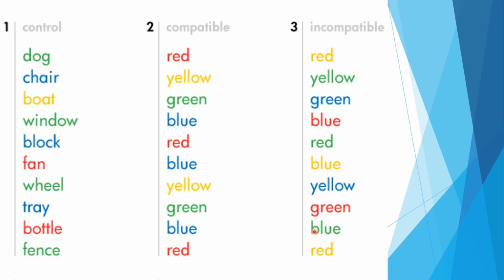So when you look at these words, you want to read the word. But if the task is to say the color of the word, you're working against your automatic mental processes.